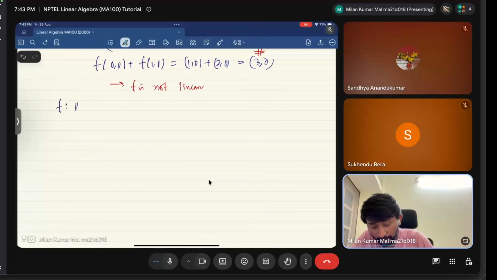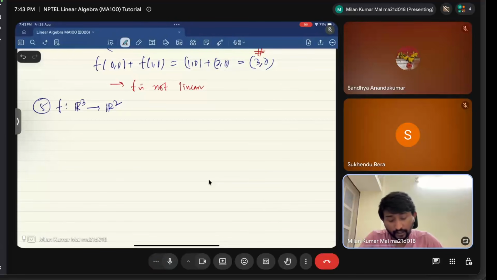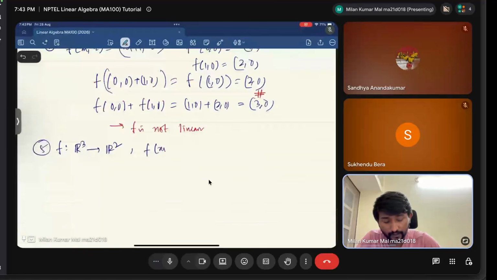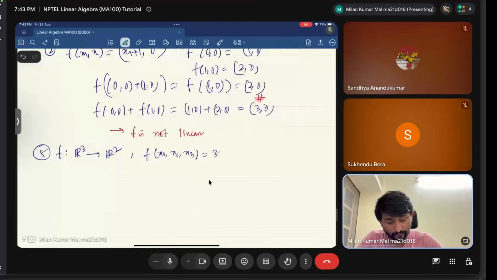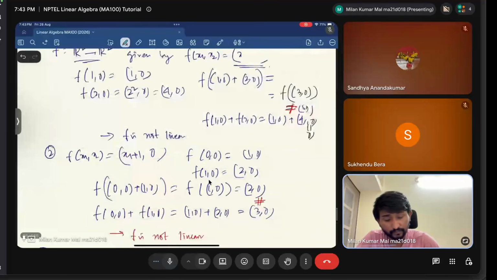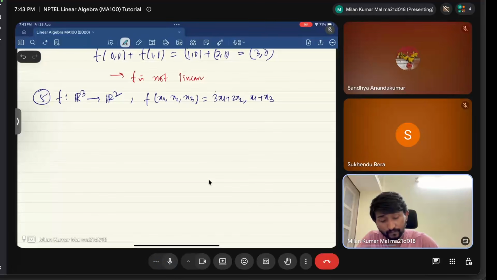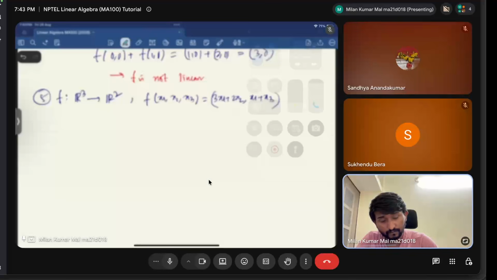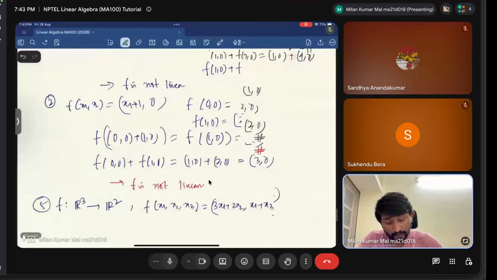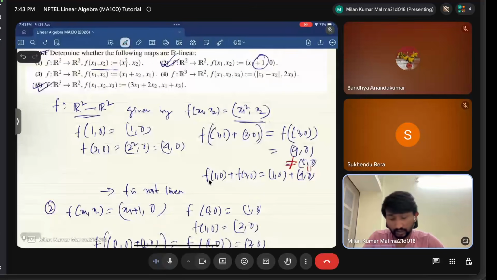So f is a map from R cube, R3, to R square, both are vector spaces over the field R. R is the real field, and it is given by the function f of x1, x2, x3 equal to 3x1 plus 2x2, x1 plus x3. I hope I have written correctly.